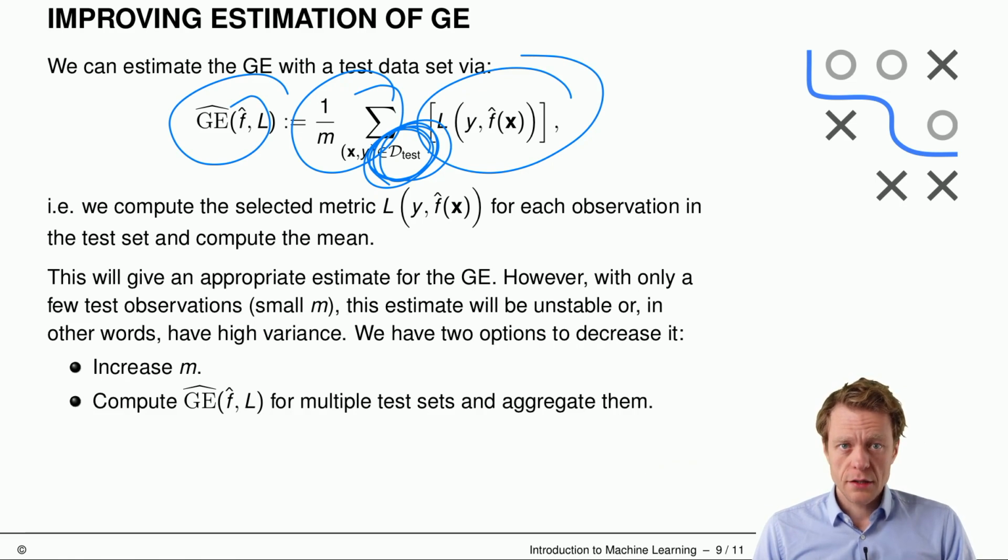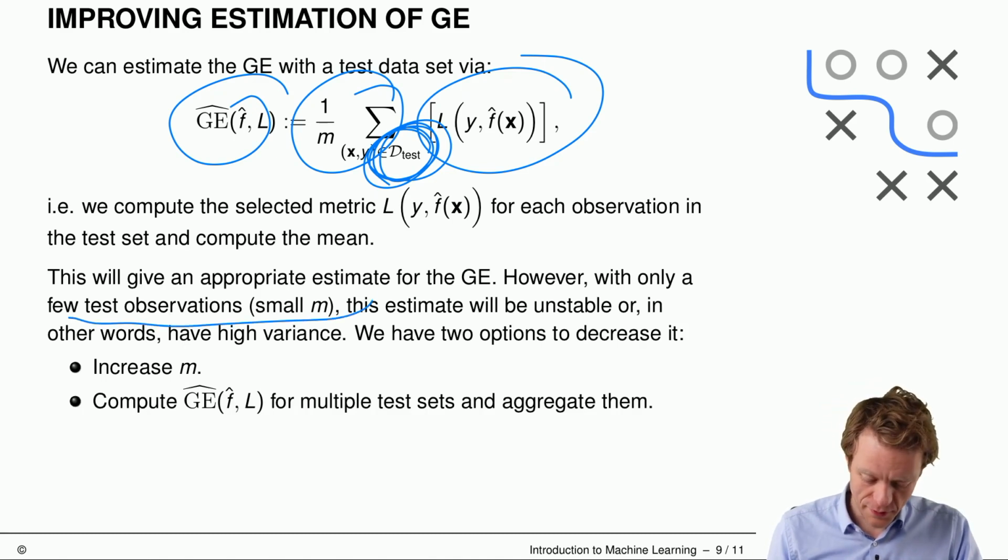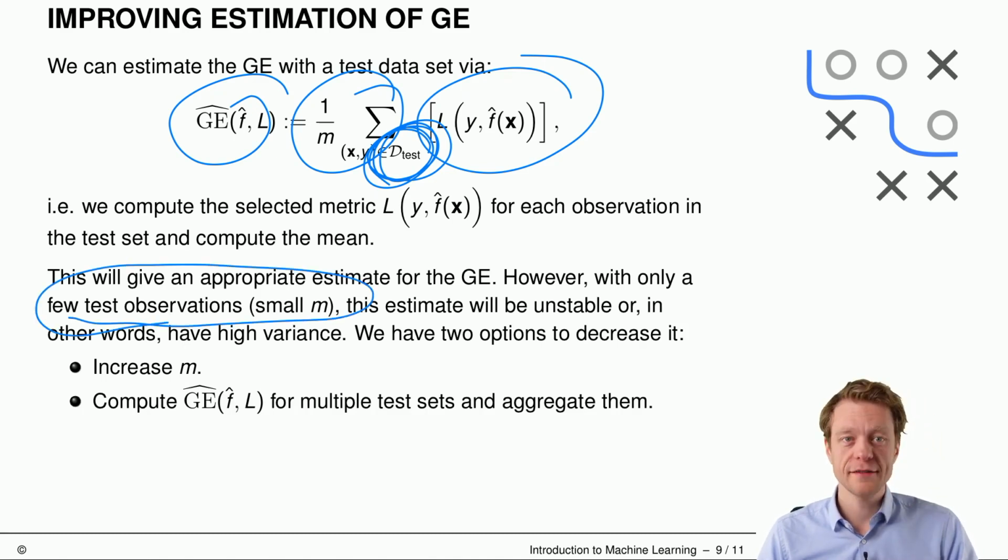This is okay-ish. The problem is that if we have a rather small data set, we don't really want to set apart observations just for estimating the generalization error. Perhaps we have just very few test observations, so a small m, but then the estimation will be unstable or have high variance.